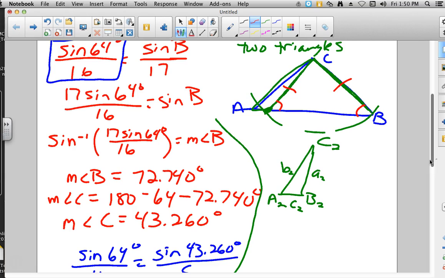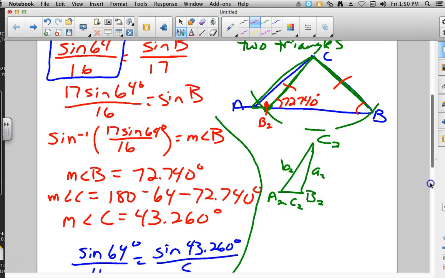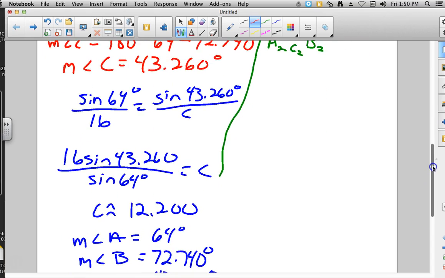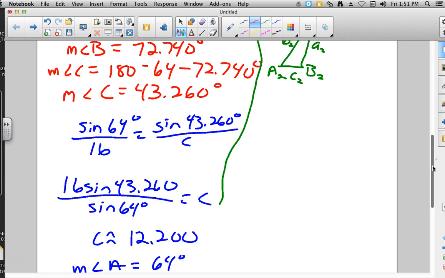So we said that the measure of angle B was 72.740. So if we want to figure out the measure of angle B sub 2, we need to subtract it from 180. It's a real easy fix, but you have to see it. And so the first thing we would do is say the measure of angle B sub 2 is 180 minus 72.740.